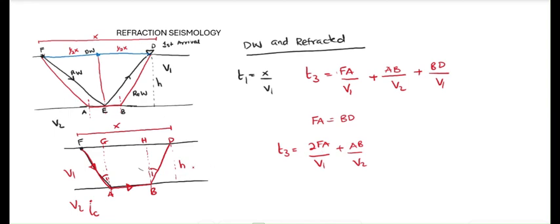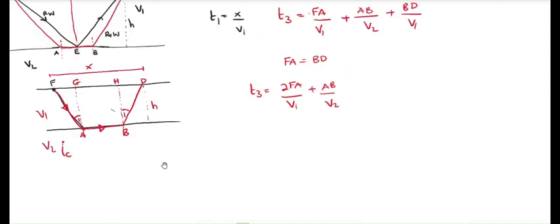Now, let's look at the distance FE. So let me draw this. There's a certain angle there. The height here is h, that is FG. Now I want this distance, right? I can use Pythagoras.